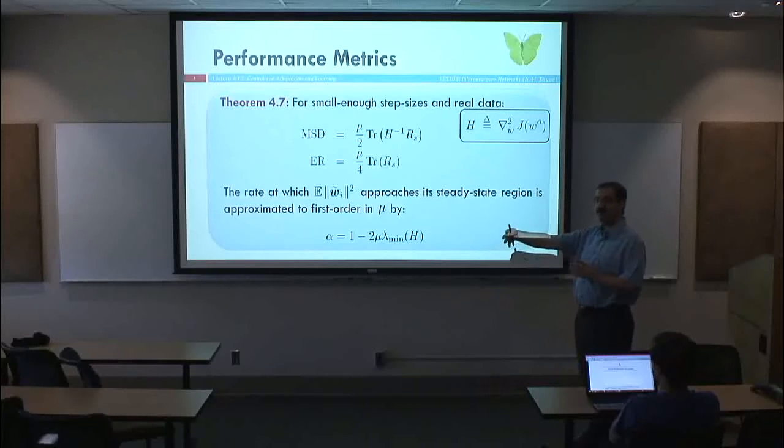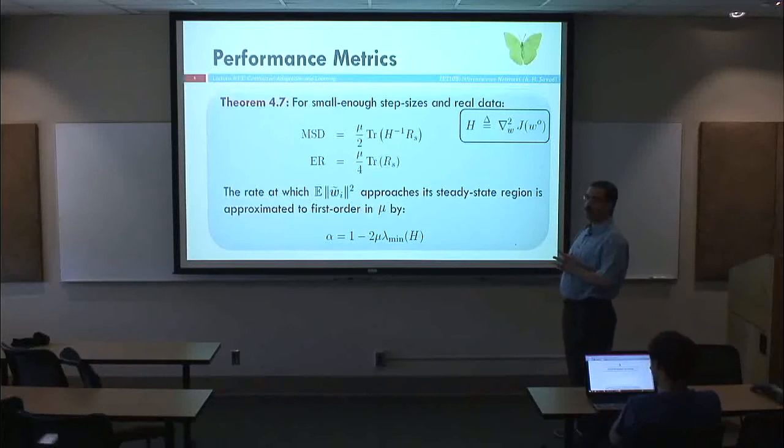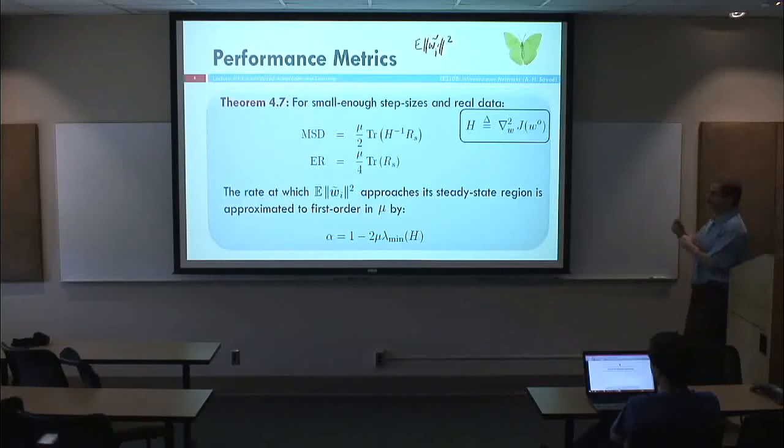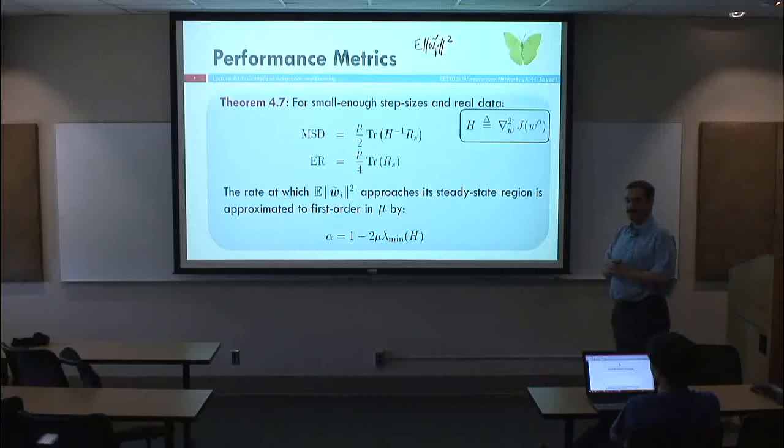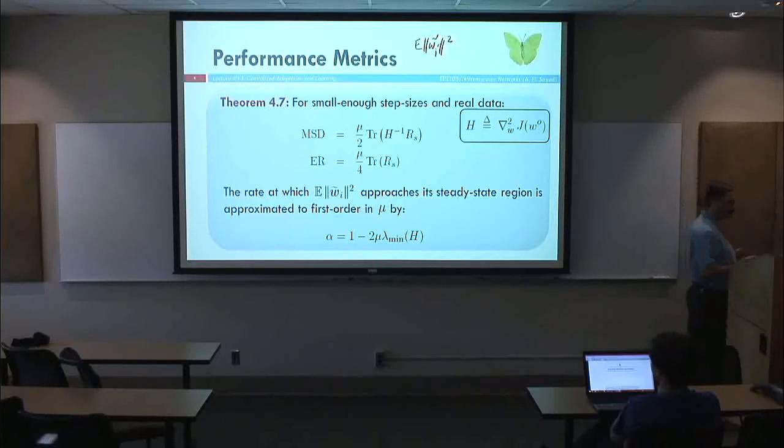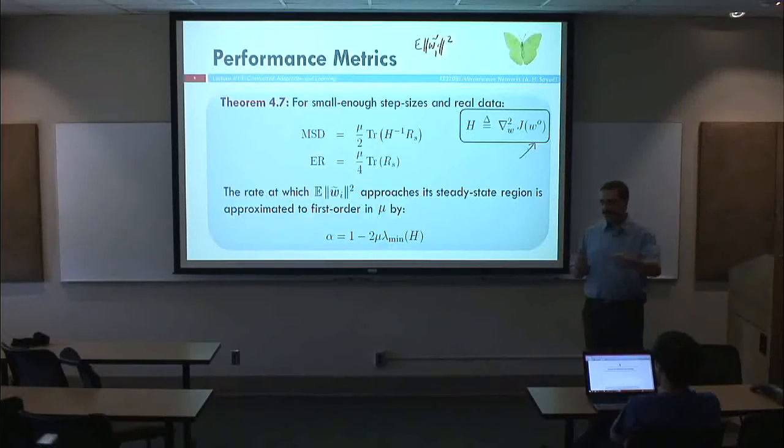If you let it run to steady state and for small step sizes, we showed that the mean square deviation, which is essentially a measure of the size of the second moment of the error vector, in steady state will approach the value mu over 2 trace of H inverse R sub S, where H is the Hessian matrix of your cost function at the optimal location, and R sub S is the covariance matrix of the gradient noise in steady state. So that's what we derived last time.